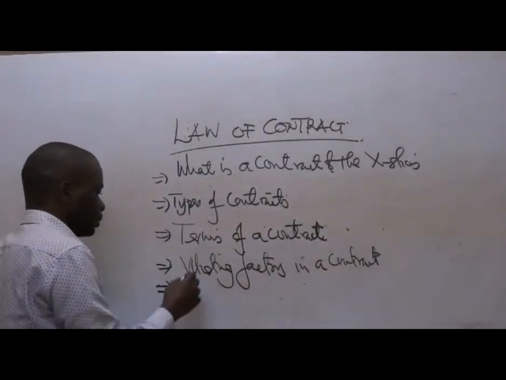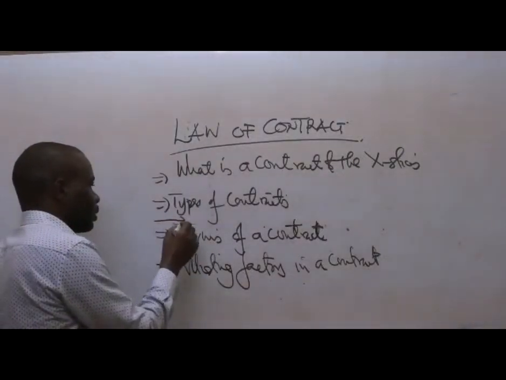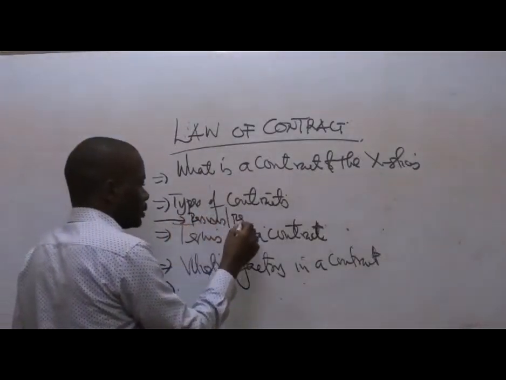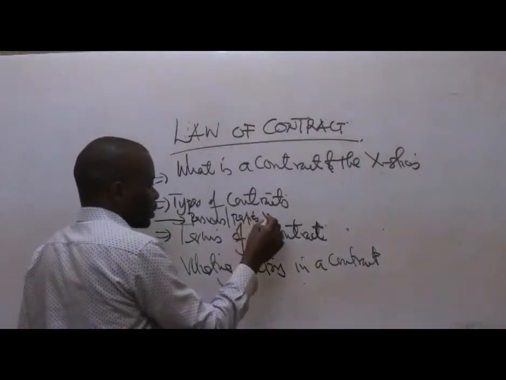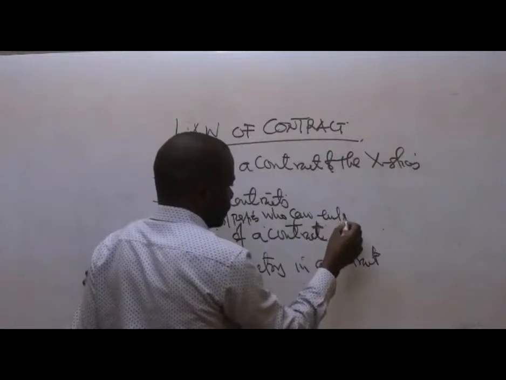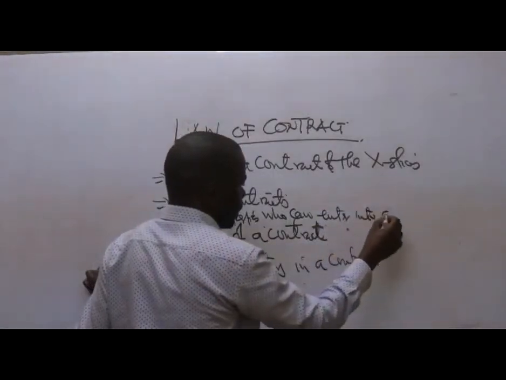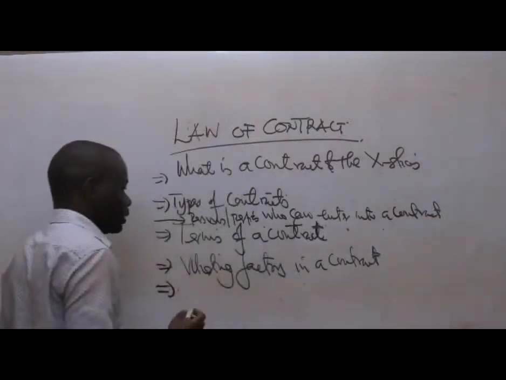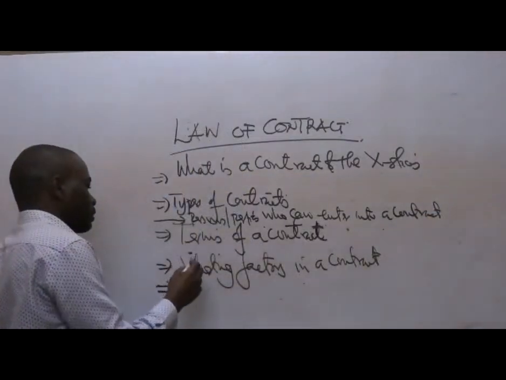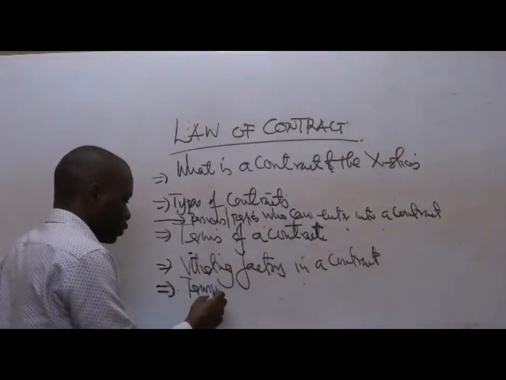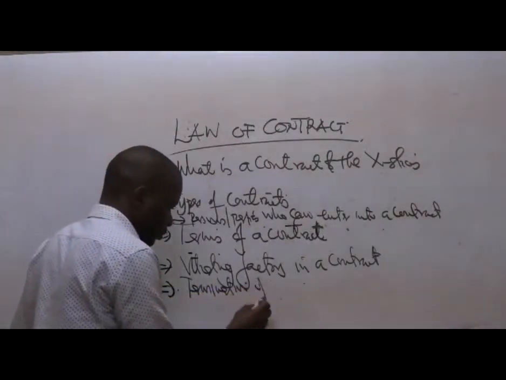Then also there is something about persons or parties who can enter into a contract. Then lastly, basically is termination of a contract.